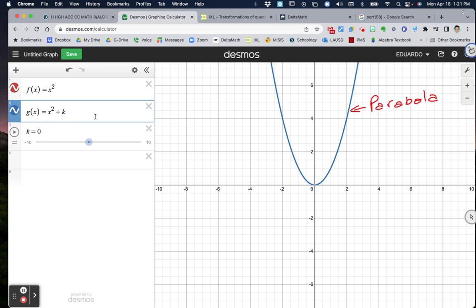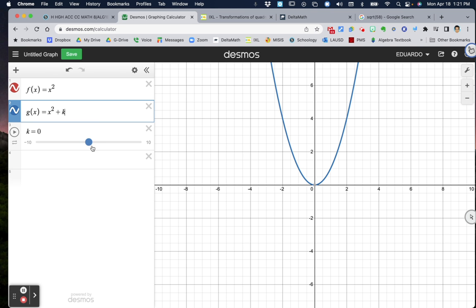And what's our child function? What's g of x? It's x squared plus k, but what is k? 0. So couldn't you say they're identical? Yes, absolutely they're identical. So both our parabolas are identical.